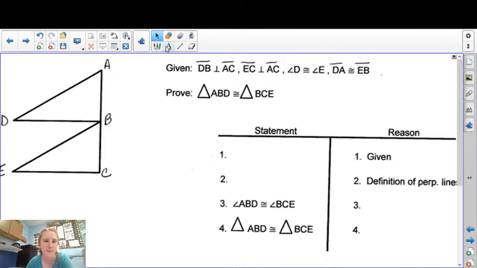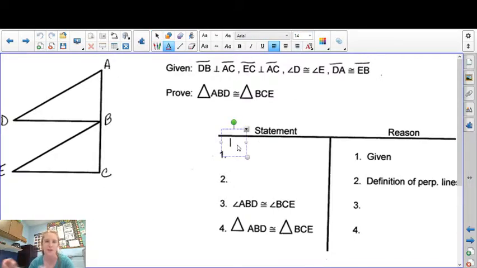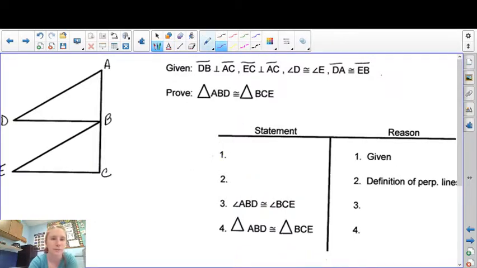All right, we've got lots of given information, so we're going to have to get that all typed into my given line. So remember, this crazy upside down T symbol means perpendicular. Oh, nothing means bisect. I'm just having a silly moment.